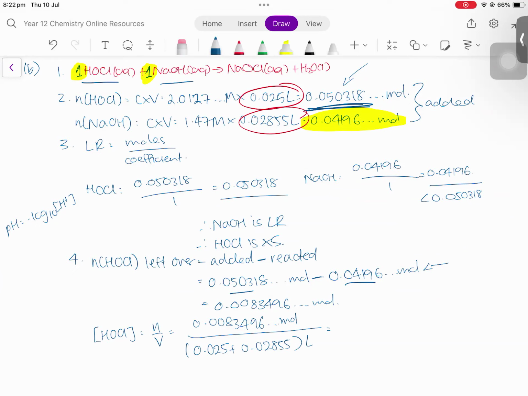What is the concentration of the leftover HOCl in the entire mixture? That does affect your pH. 0.15592.